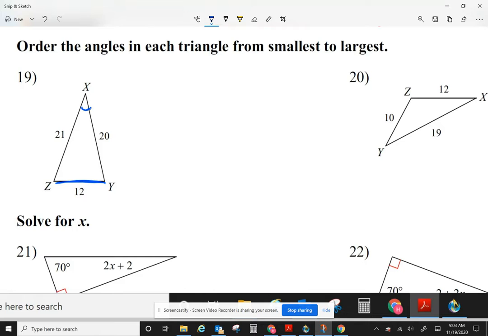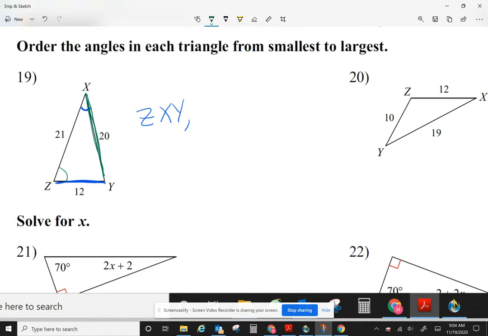But remember, angles, I write them using three letters. I'm going to use the three letters that make the triangle, but X is in the center. So I'm going to call this angle ZXY. Then after 12, the medium side is 20. Right? I can compare the numbers.